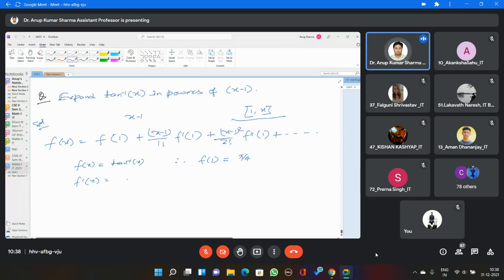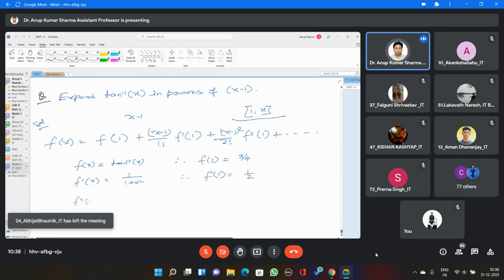The derivative of tan inverse x is 1 upon 1 plus x squared. Therefore f dash of 1 is equal to 1 upon 2.